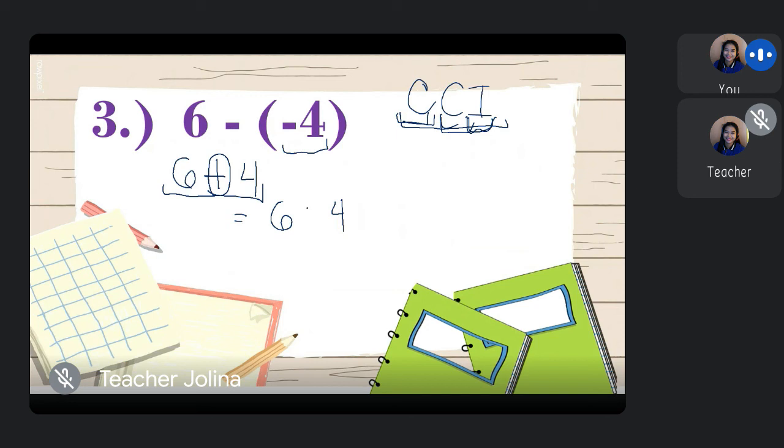So we need to add. And then we have 6 plus 4 is 10. Okay, what will be the sign? Negative ba or positive? Balikan natin yung ating original number. Pareha silang positive sign. That's why yung ating final answer is also positive.